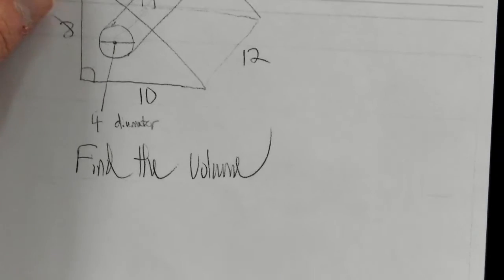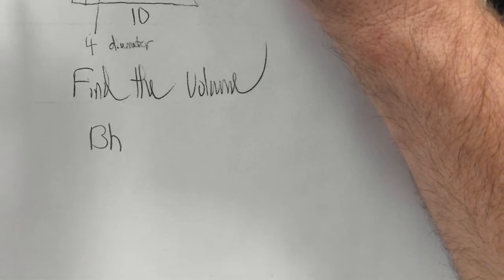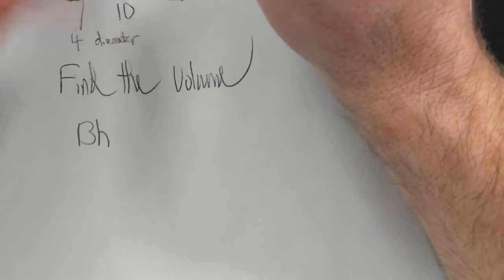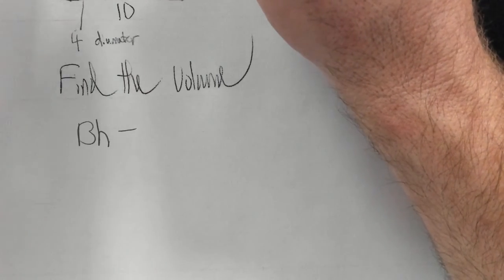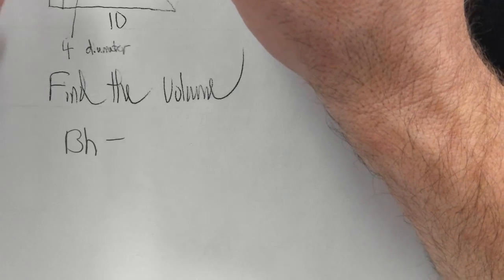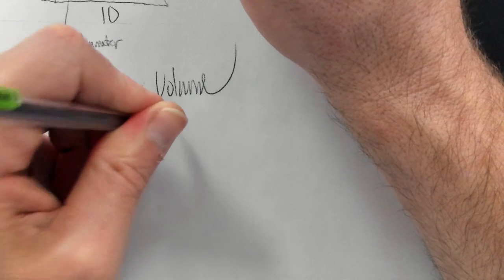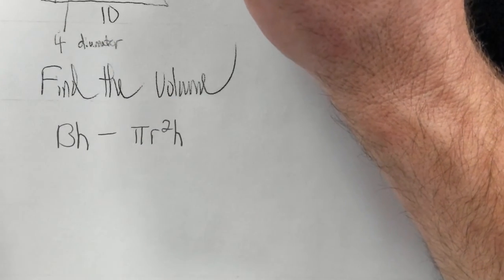All right, so that's our task. Formula-wise, we'll start off with BH, because that is the formula for volume of a prism. Now remember, we're subtracting off the volume of the cylindrical hole, right? Well, what's the formula for volume of a cylinder? It's pi r squared h. So that's what we're going to be subtracting off here.